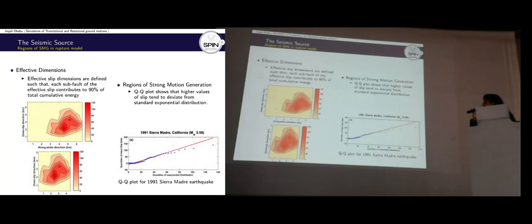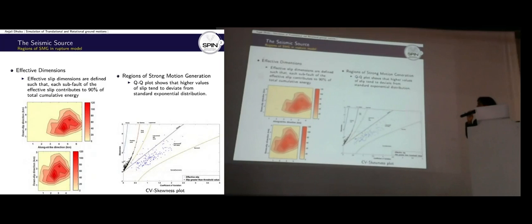I follow the method that was proposed by Cirillo in 2013, and I determined how we can get these regions of strong motion generation. The blue dots here show the standard effective slip, and the black dots are showing the regions of strong motion generation, which are nicely following the Pareto distribution, or they fall in the Paretian zone.